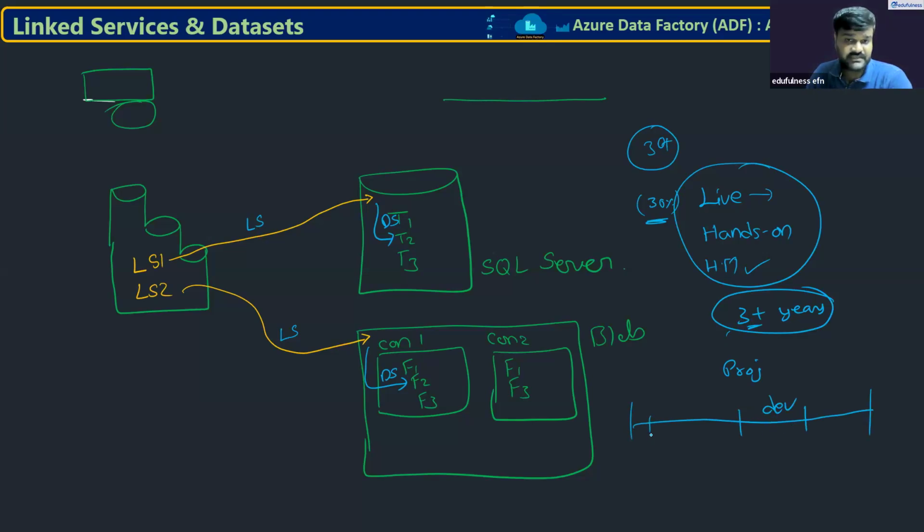Day one onwards, when you sit with the client, how you will gather the requirement, how you will sort out the different issues, how you will finalize the technical stack, how you will estimate the time, resources, and how you will identify the user stories, then how you will do in the DevOps, then how you will assign that work, how you will estimate the cost, then if two data engineers are there, if one data engineer is there, how you will tell this is a 3 months project, 6 months project, like that. These are all different phases before your actual development.